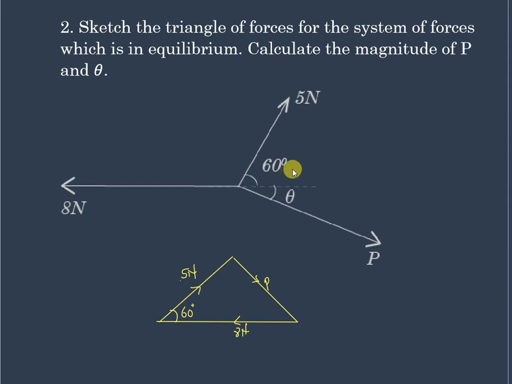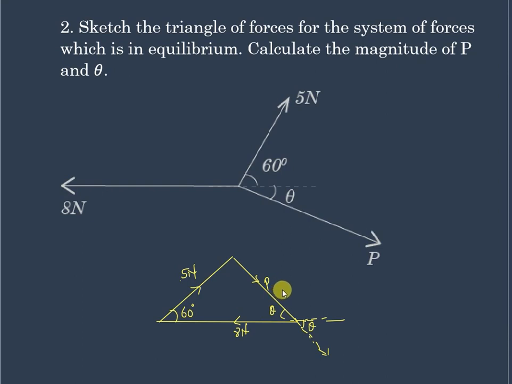And then the force P is making an angle theta with the horizontal. If that is the angle theta, it is also that one, because these two angles are vertically opposite.